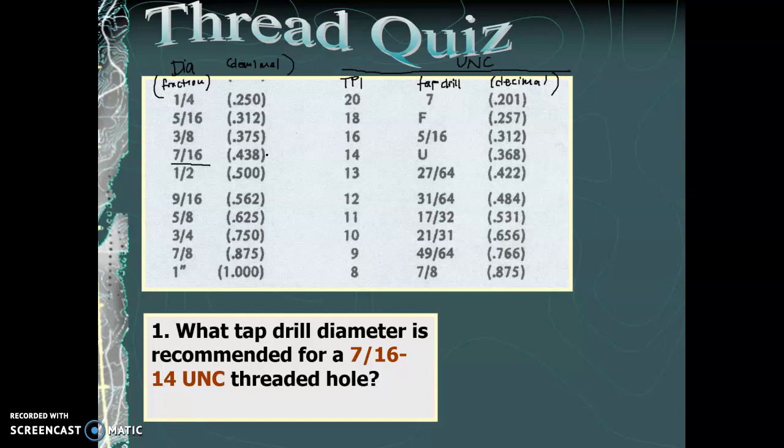So we've got our 7/16 inch diameter hole, 14 threads per inch for the UNC thread type. That's telling us we should use a U drill, the drill size that's designated by the letter U, which has a diameter of 0.368.